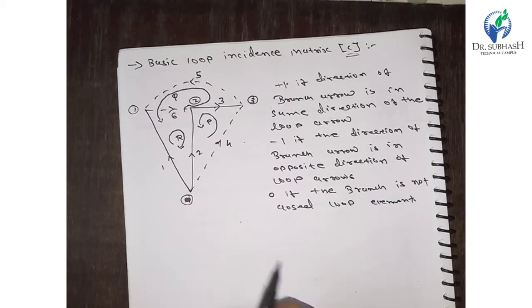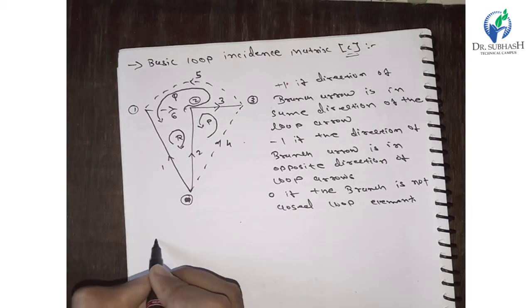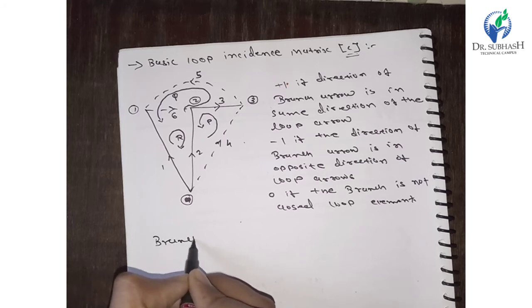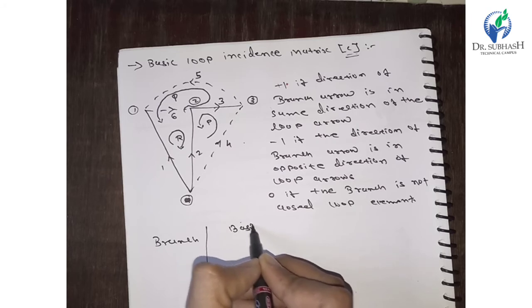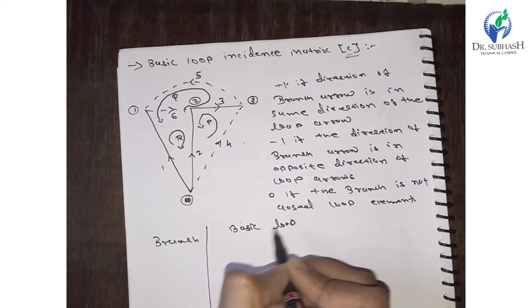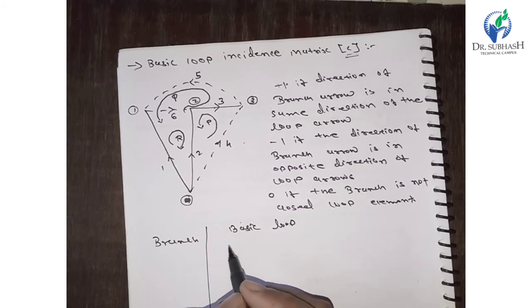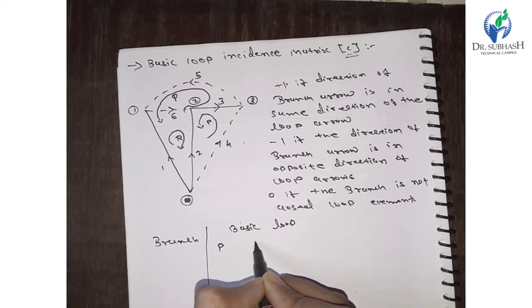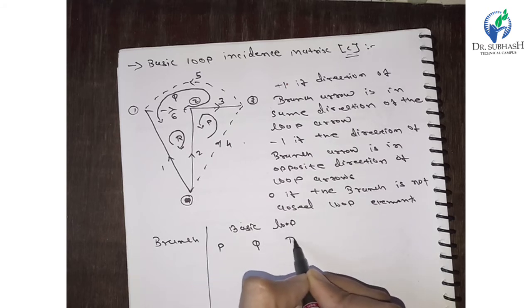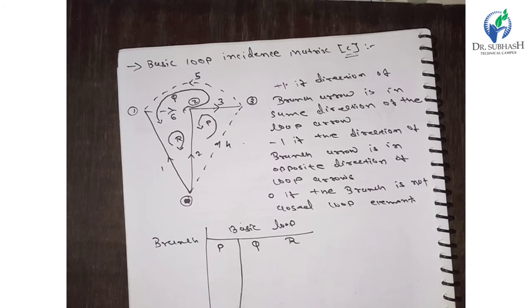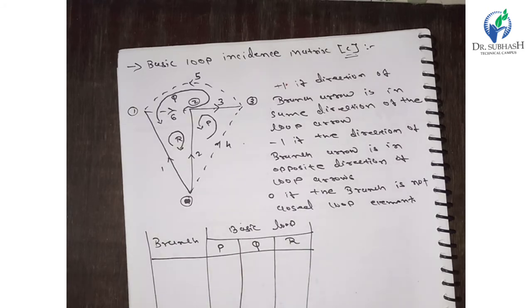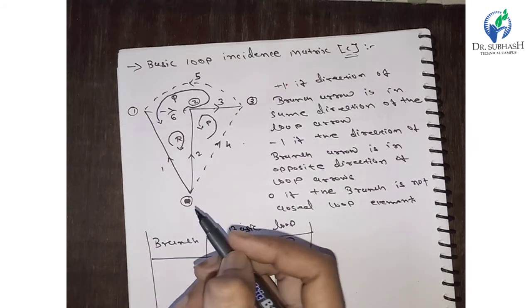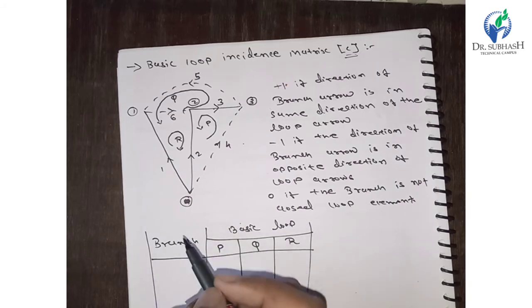When we make the table of branch versus basic loop, here the basic loops are P, Q and R, and the branches are 1 to 6.